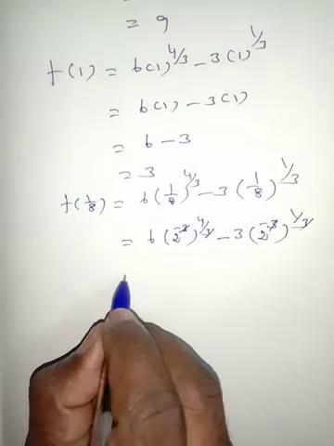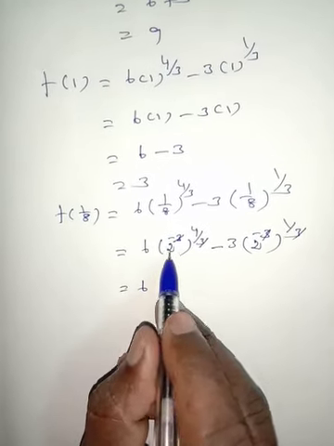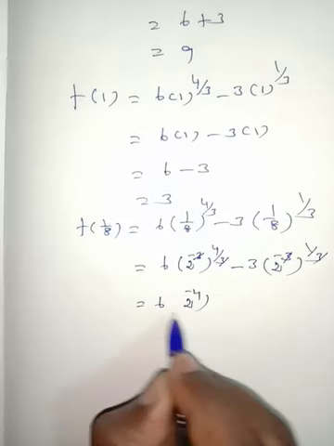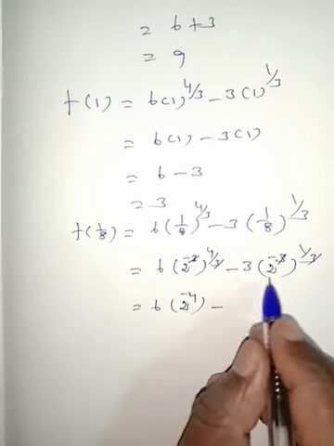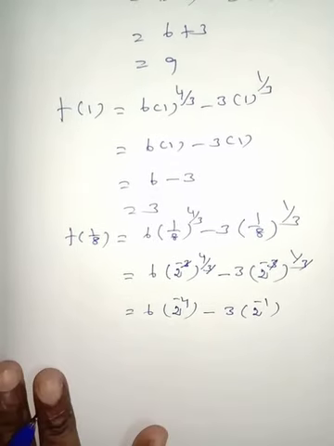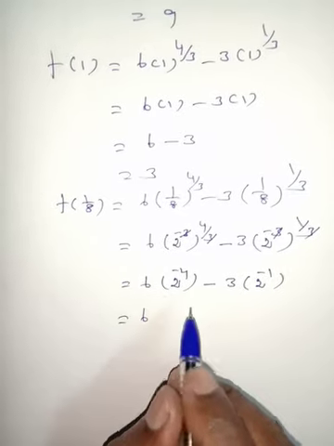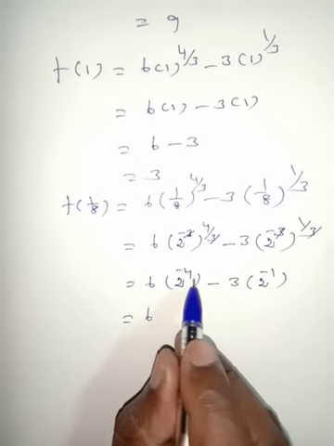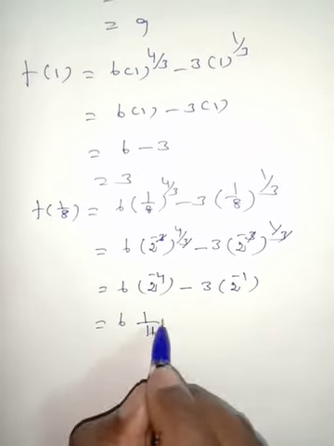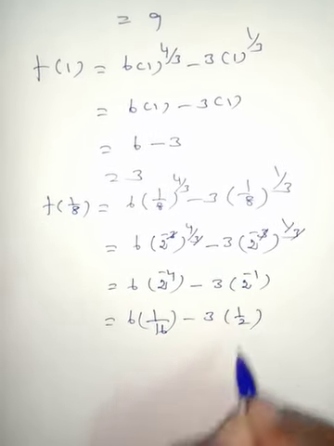We get 6 into 2 to the power of minus 4 minus 3 into 2 to the power of minus 1. This means 6 into 1 by 16 minus 3 into 1 by 2.